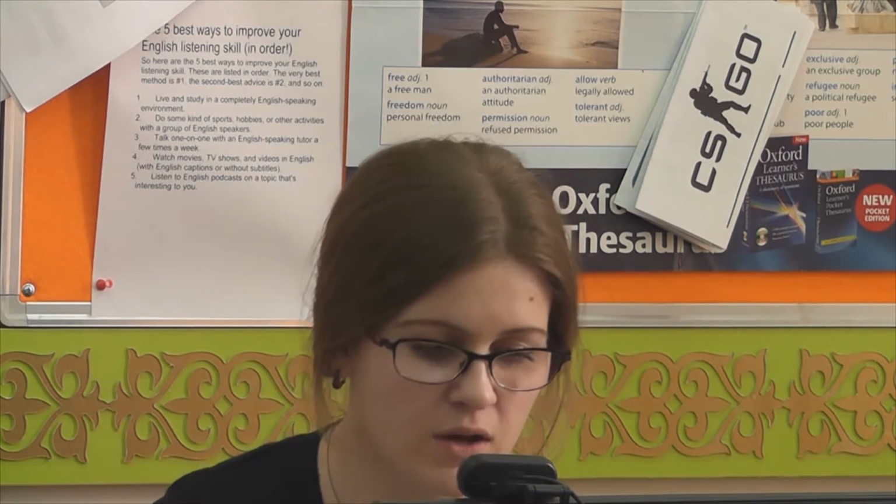Recognize inconsistencies in argument in extended talk on a range of familiar and unfamiliar general and curricular topics. In my opinion, for determining strong and weak sides of an argument, it is really important to understand the whole context of the talk.